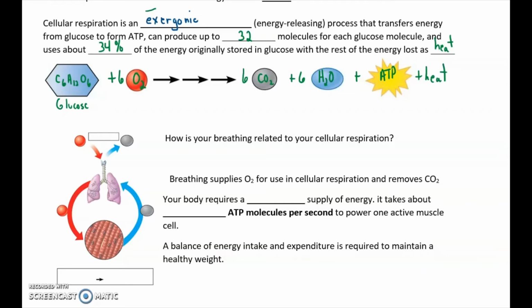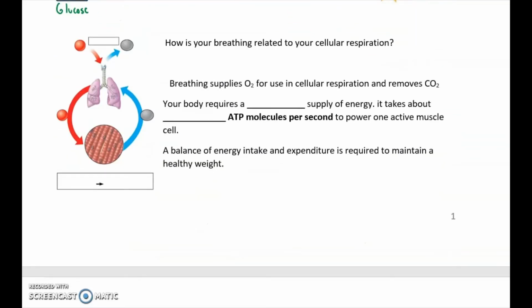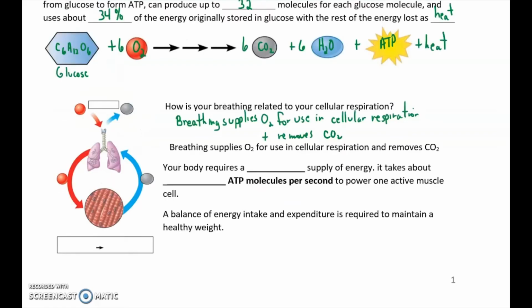I mentioned that this is not like breathing, but we use the same word, respiration. So how is your breathing related to cellular respiration? Breathing supplies the O2 for use in cellular respiration, and it removes carbon dioxide.